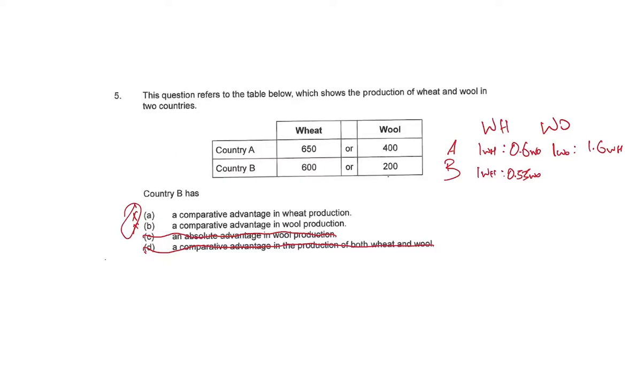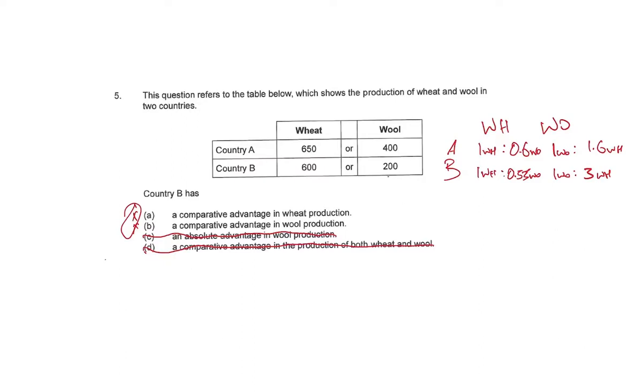Opposite for production of wool, so 1 unit of wool, divide 200 by itself. I'm going to divide 600 by 200, which gives me 3 units of wheat. So we can see here that for country B, to produce 1 unit of wheat, we need to give up a third of a unit of wool. And to produce 1 unit of wool, we need to give up 3 units of wheat.